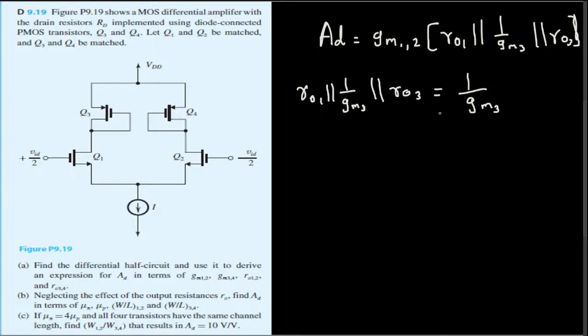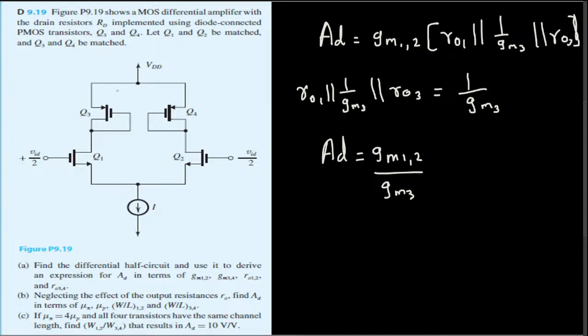So now the AD equation becomes GM12 over GM3.